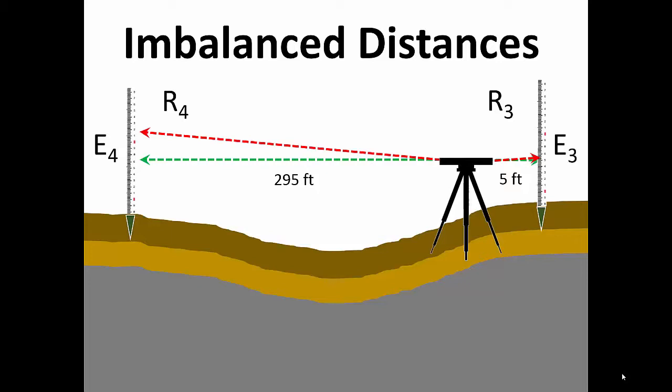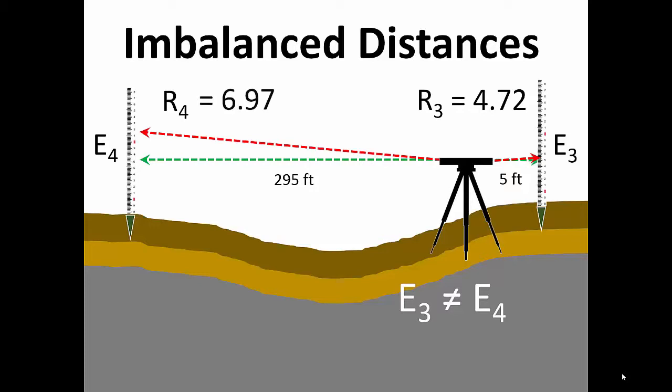But now notice that error E3 and error E4 are very different due to the imbalanced distances. In fact, because the distance to R3 is so short, error E3 rounds off to 0 feet. Here in our example, reading R3 is 4.72 feet and reading R4 is 6.97 feet.